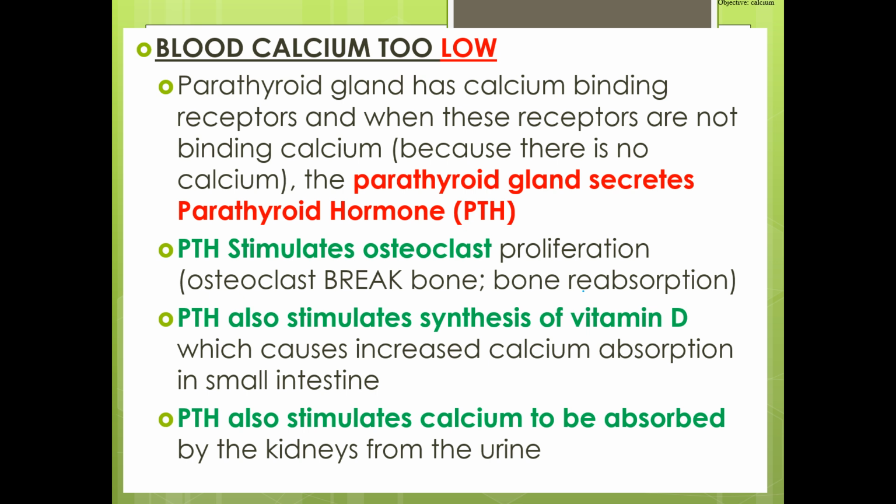So your kidneys are kind of doing two things there. They're converting vitamin D to calcitriol, which is going to go to the digestive system and let the body know, hey, don't get rid of the calcium in the feces. Keep it in the bloodstream. Let's get it in the bloodstream. And then the kidneys are going to say, oh, okay, and we don't want the calcium going out in the urine. We're going to keep it. So parathyroid hormone works on all of these.